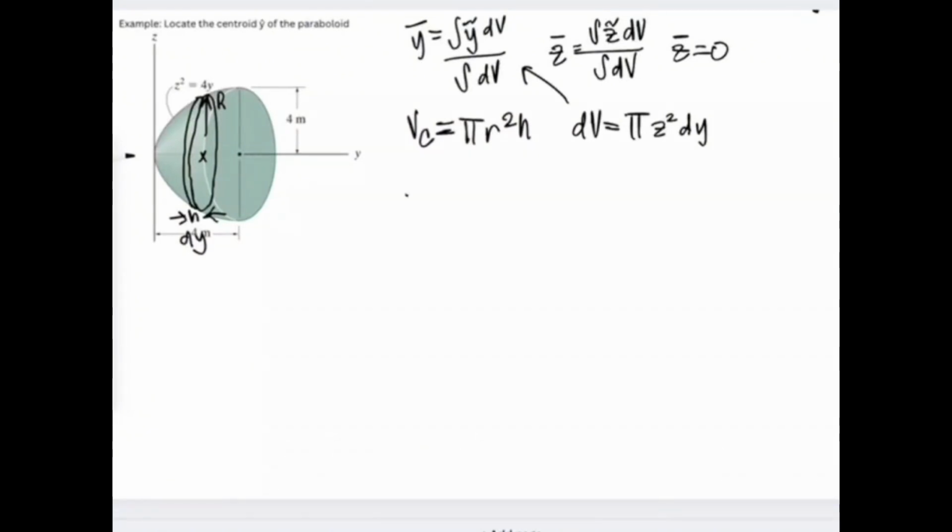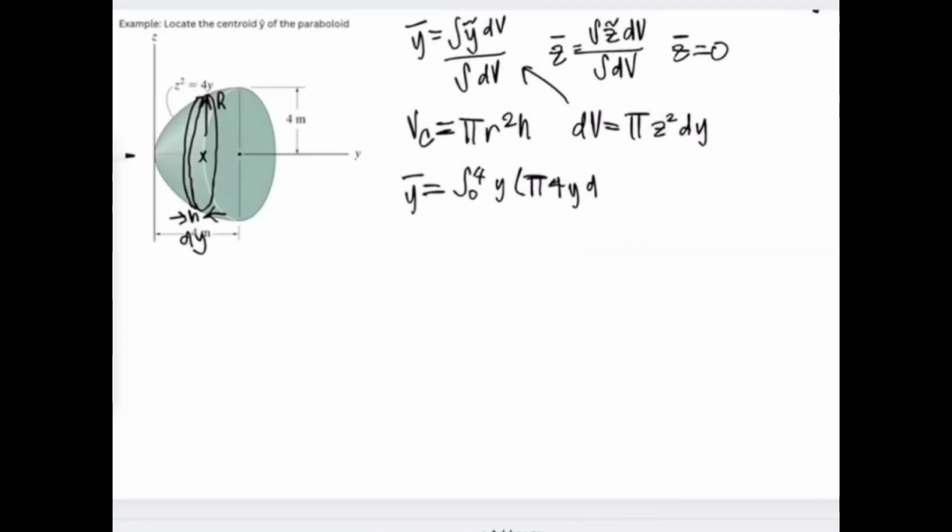So bali pa-plug na lang natin, y bar is equals to integration of, bali yung upper and lower limit, so bali 0 to 4 y, bali yung dv kanina pi for y, kasi makikita naman natin na yung value ng z squared is 4y.